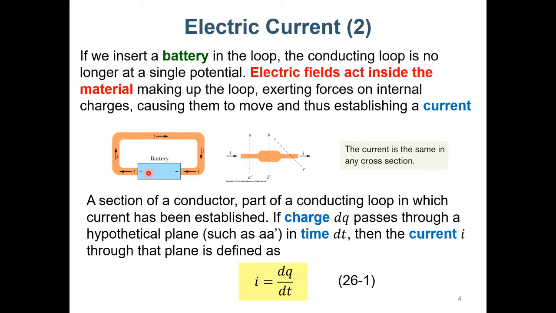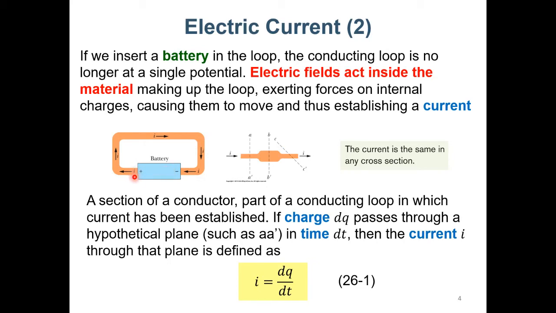than when they found current. In chapter 28, I think you learn the Hall effect. That is one of the experiments that tell people there should be negatively charged particles rather than positively charged particles. At that time, they considered positive charge particles going in the same direction as the current, so they defined the current in this direction.